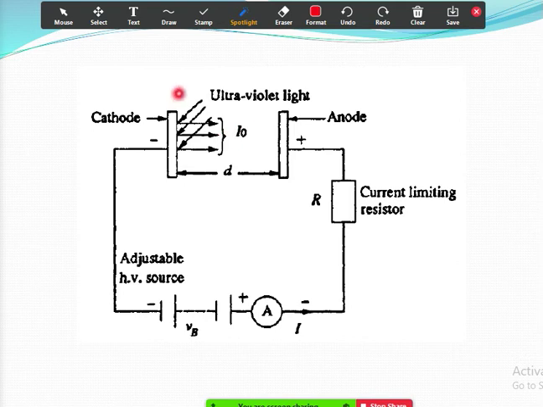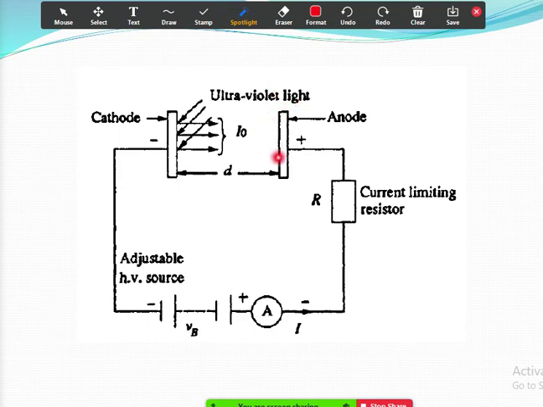Suppose at the starting, because of the fall of UV light on the cathode, 100 electrons are generated. These 100 electrons will collide with hundreds of atoms in between. There will be a lot of atoms, so those electrons will collide with atoms, and it will further generate a few more electrons.